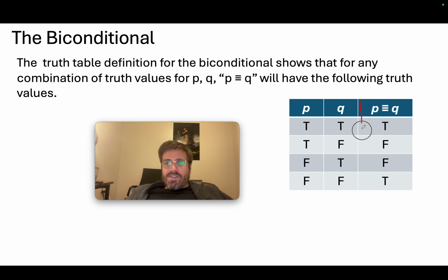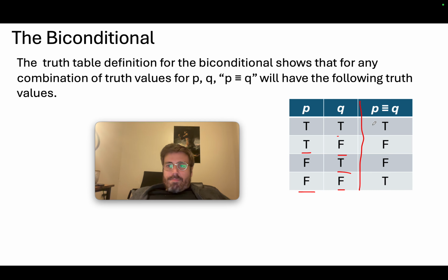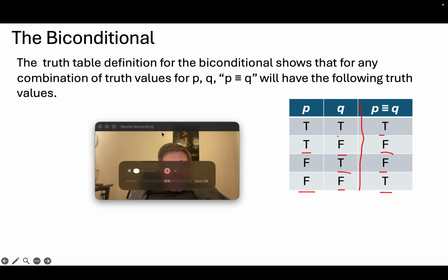Again, we have our reference tables set off to the left for P, Q with identical values as the last times, 2 values for true, 2 for false under P, and then alternating true, false for Q. And then we have P triple bar Q, so this is the biconditional, and it seems that we have 2 instances, in rows 1 and 4, where triple bar is true, and 2 instances, rows 2 and 3, where triple bar is false. So what is our rule?